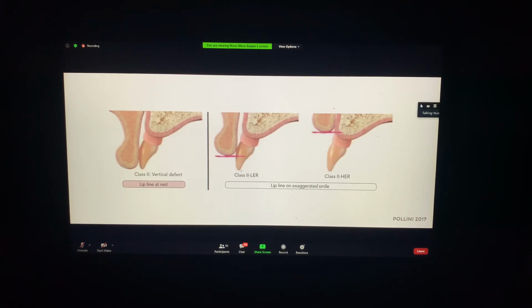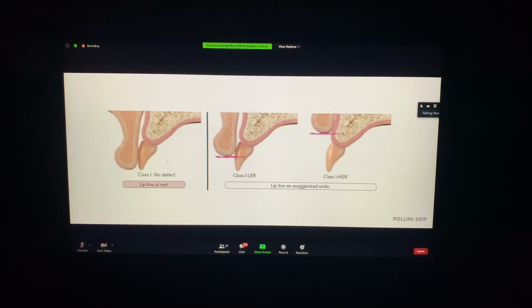Okay. If you have also a vertical defect, you will have to also hide this transition line. Loại 2 là thiếu hỏng theo chiều đứng. Okay. So in a case like this, class 1, you can show, you can hide this, or even if you cannot hide this, you can do a pontic, okay?